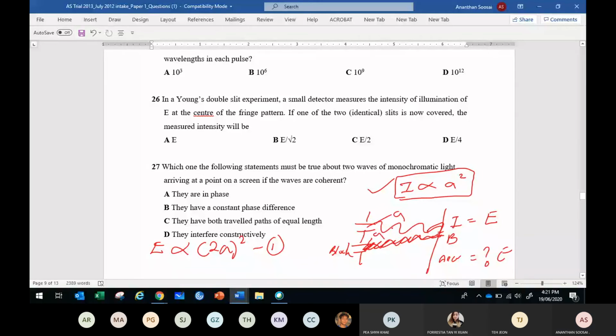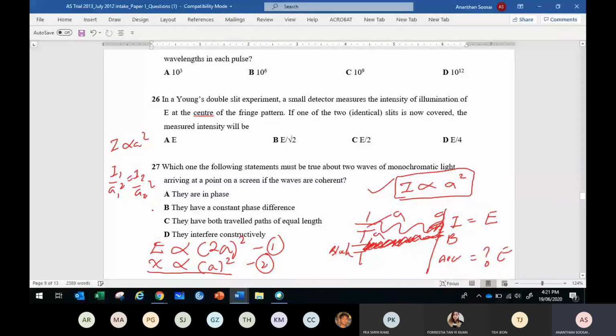When the first one is blocked, only one wave goes there. So the new intensity X is proportional to what new amplitude? Only one A. The other A was blocked. So the new intensity is just proportional to A squared. So find X. I think you still remember that I proportional to A squared is the same as I1 over A1 squared equals I2 over A2 squared, as I told you last time.